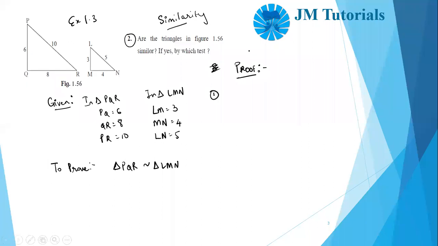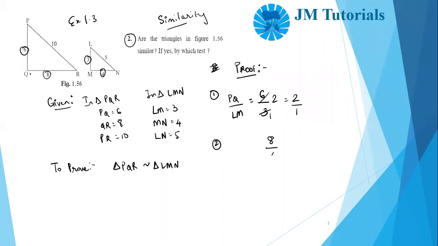Okay. Yes. So now see, this 6. I'll take 6. I'll take it with 3. You remember last class 6 and 3. So what is 6? 6 is PQ. And what is 3? 3 is LM. So that is 2 by 1. After that, suppose I take 8 and I take 4.